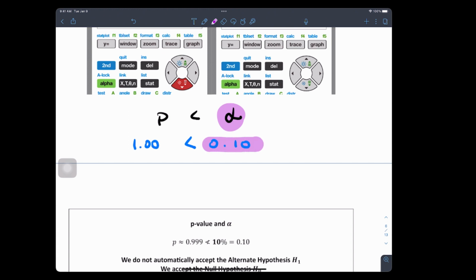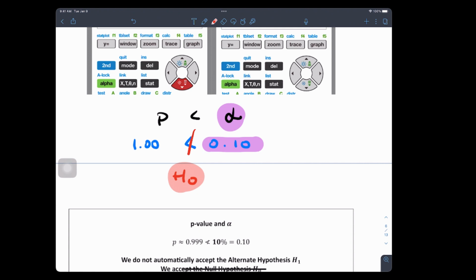Is that statement valid? Is 1 smaller than 0.10? No. What does that mean? I accept the null hypothesis. So if the p-value is not less than the level of significance, we accept the null. Remember, the p-value is the probability of getting the test statistic, assuming the null is correct.